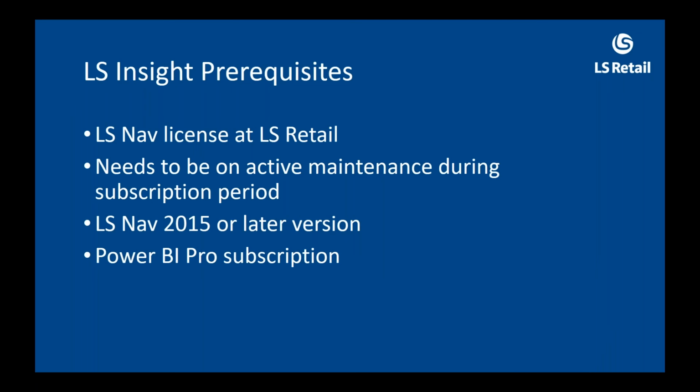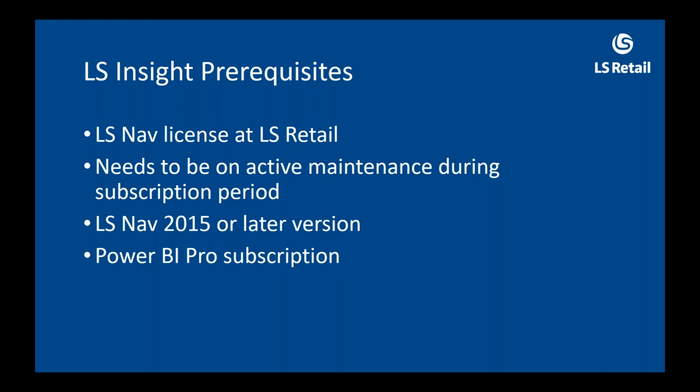What are the prerequisites to do this? They are that you have an LS Nav license, of course, and it's hosted at LS Retail. You need to be on active maintenance during the subscription period. The reason for this is that this is a subscription. It's a continuous relationship.